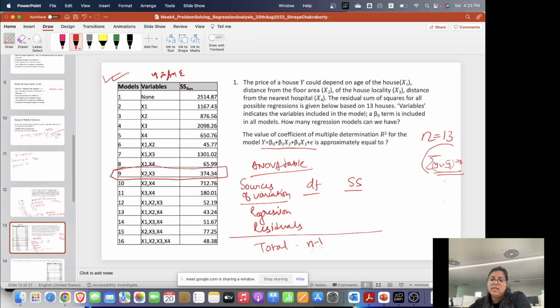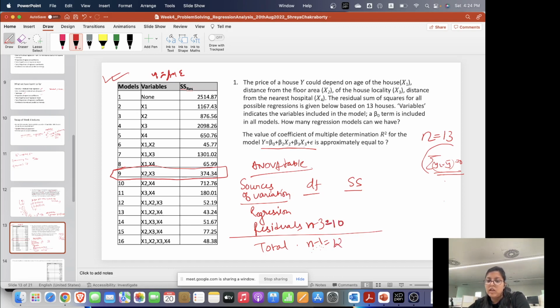Again, for residuals, how many degrees of freedom do we have? n minus the number of parameters, or the number of normal equations that we would have. Here we have beta naught, beta 2 and beta 3. So we have 3 parameters. If n is 13, our total degrees of freedom would be 12, and the degrees of freedom of residuals would be 10.